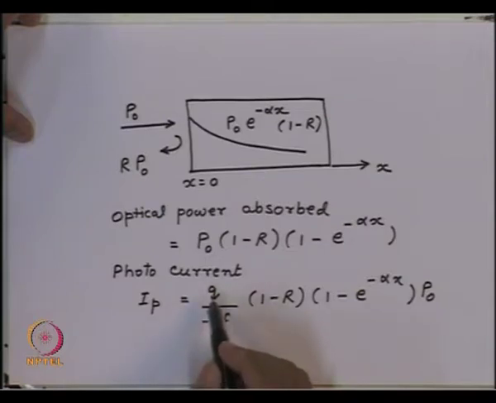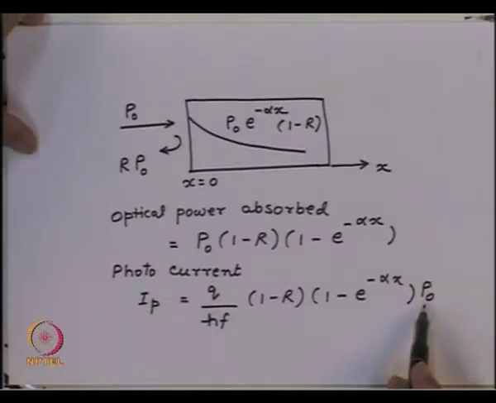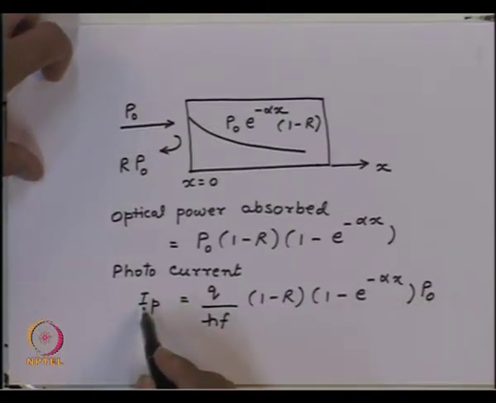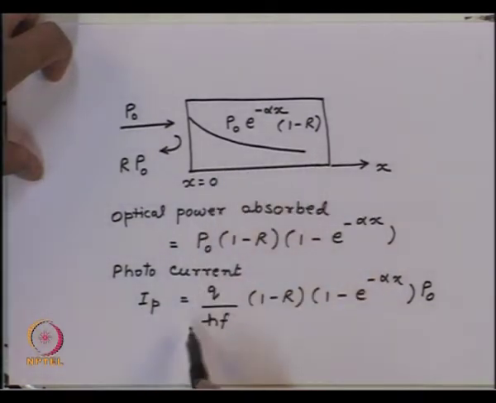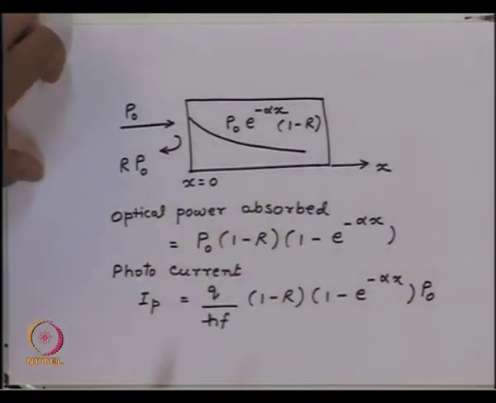Q is the charge of the carrier, which is constant. So, we essentially have a photocurrent which is proportional to the optical intensity. We have a linear relationship between the incident optical power, which is P naught, and the photocurrent, which will be induced because of the flow of the carriers generated by the photoabsorption process.